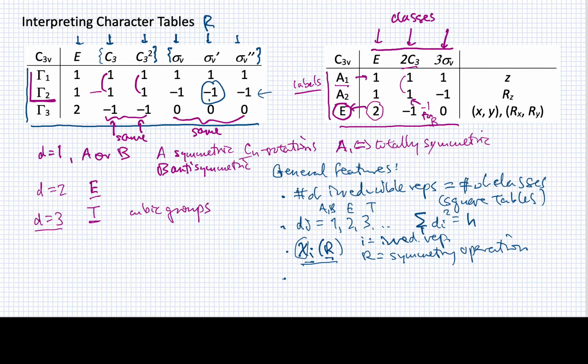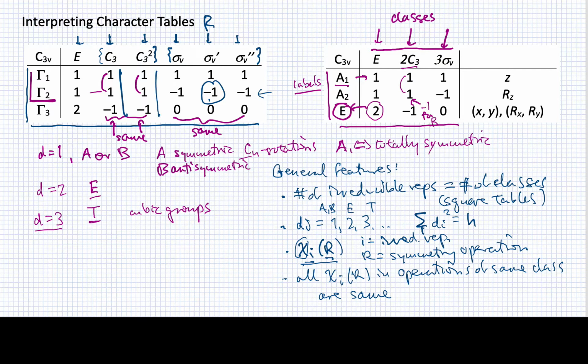All right, and finally, as we've noted here, all the characters in operations of the same class are identical. In other words, we will get similar columns here when we're talking about, for example, 2 operations that belong to the same class.